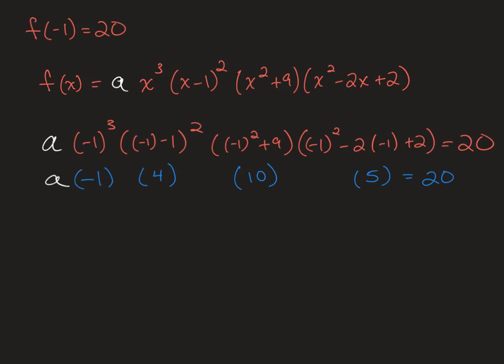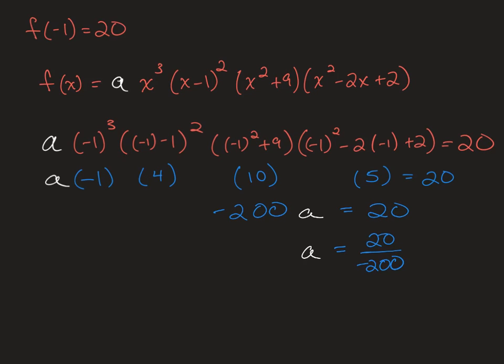So this is our equation now. a times negative 1 times 4 times 10 times 5 equals 20. The easiest thing to do, I think, is to simplify all of this and multiply all these numbers together. You're going to end up with negative 200a equals 20. Solve for a, divide by negative 200. You have a equals 20 over negative 200.